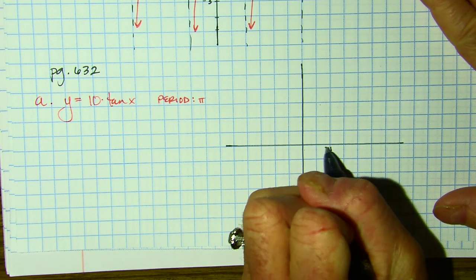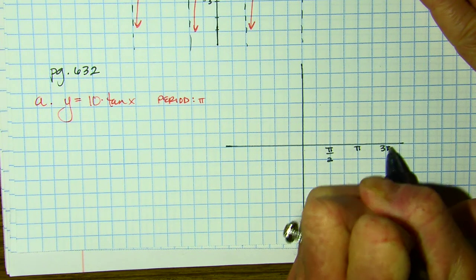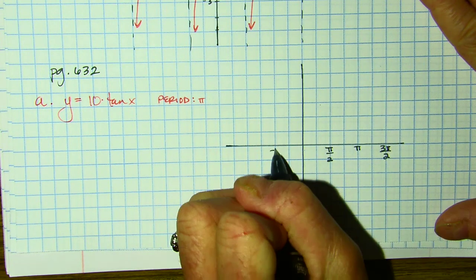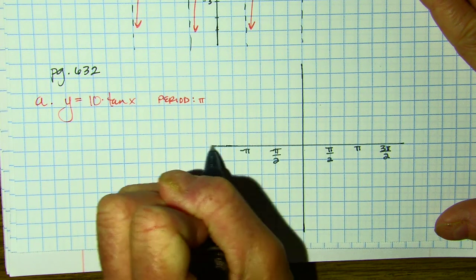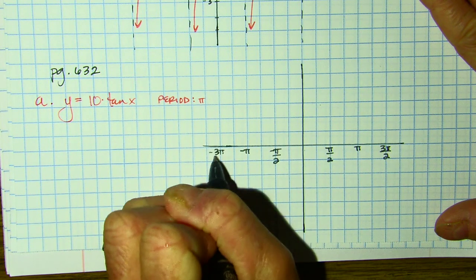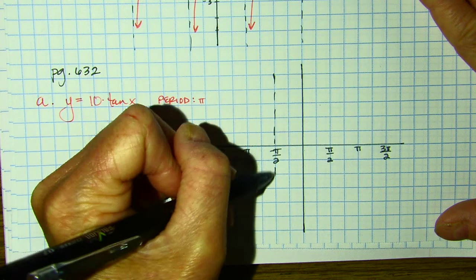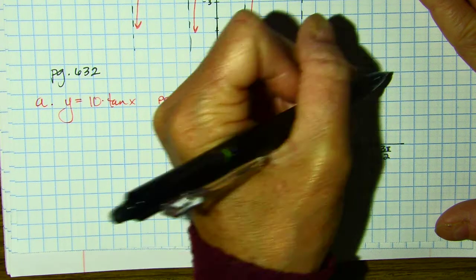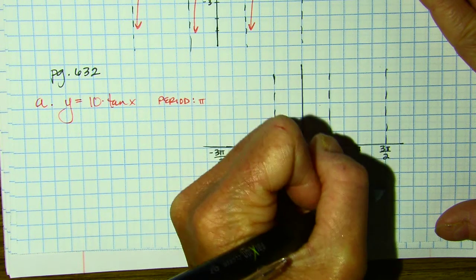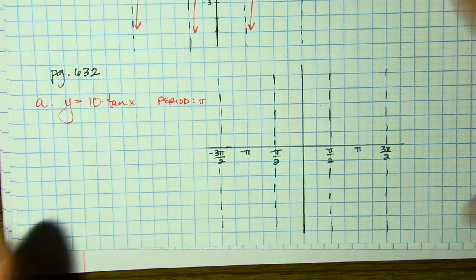So pi over 2, pi, 3 pi over 2, negative pi over 2, negative pi, negative 3 pi over 2. And so my asymptotes don't change. It's still undefined. Again, you can confirm this graph with Desmos.